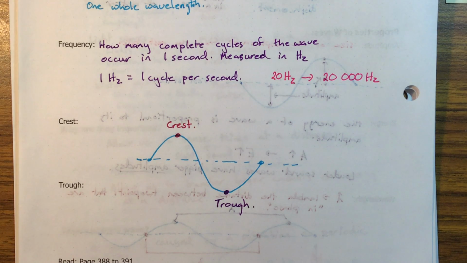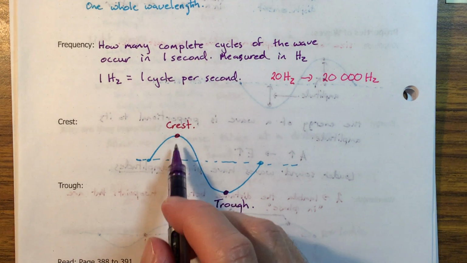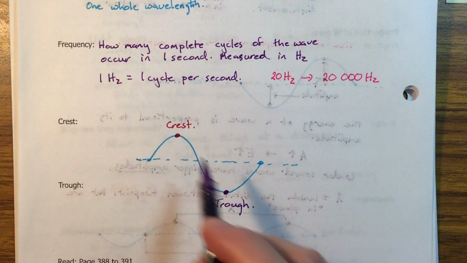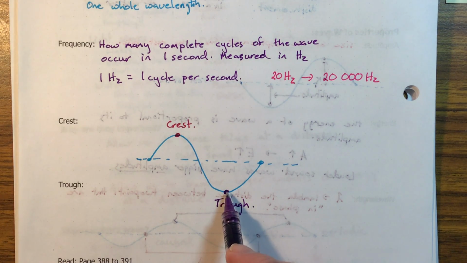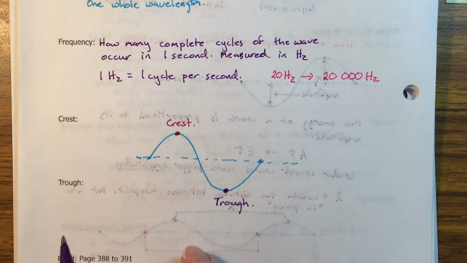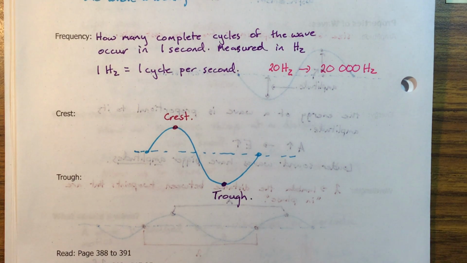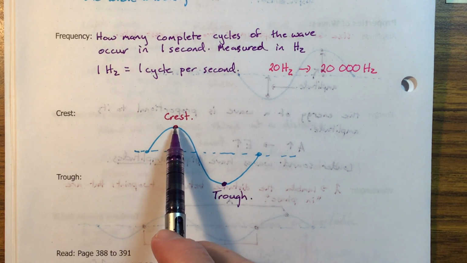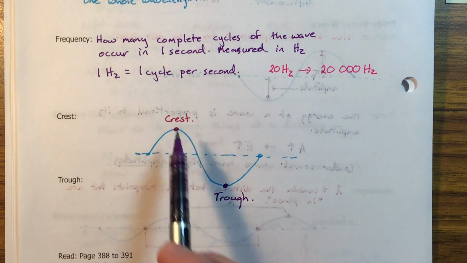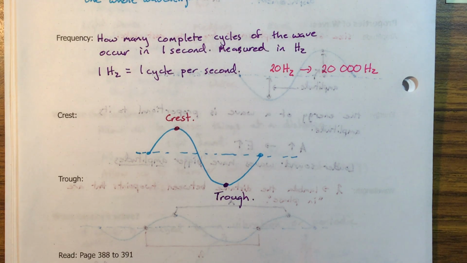In a sound wave, the crest is our high pressure area, and a trough would be a low pressure area. Because the sound wave is a compression wave, and we have areas of high pressure and low pressure, or areas of compression and rarefaction. And the crest would be the area of compression, the trough would be the area of rarefaction.